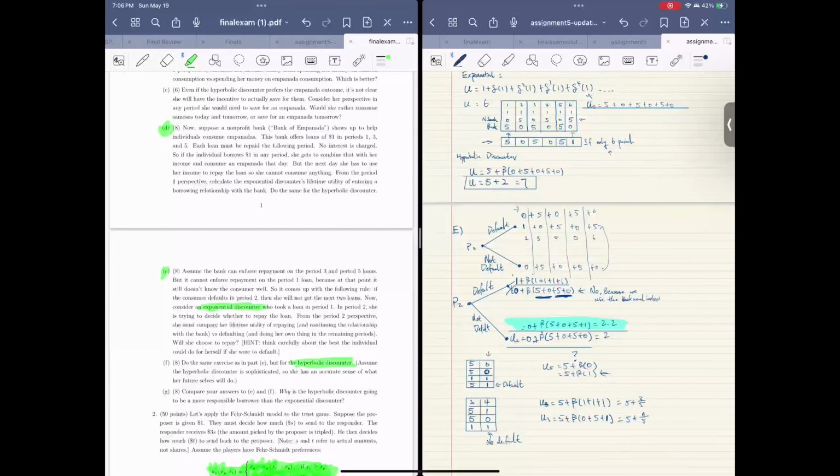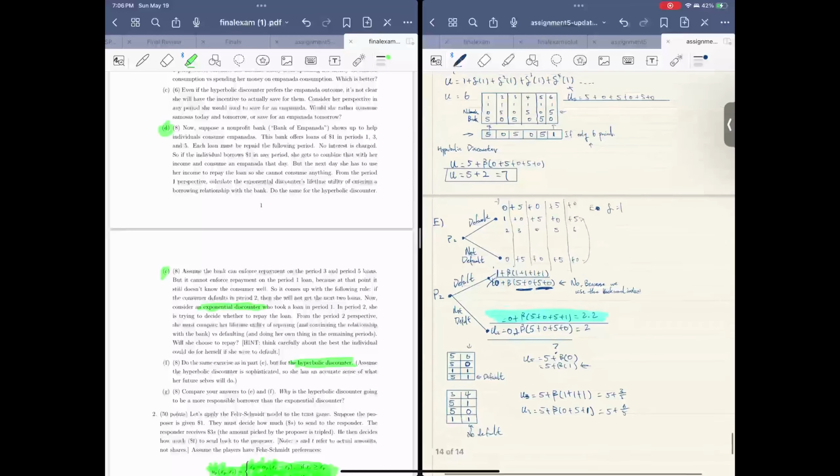So for exponential, they will always choose to have an empanada, right? Because their delta equals 1. And for hyperbolic, we use backward induction. Yes. But also, I feel like I did something wrong.